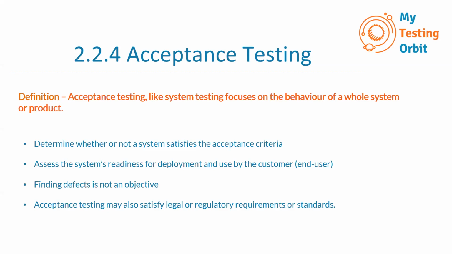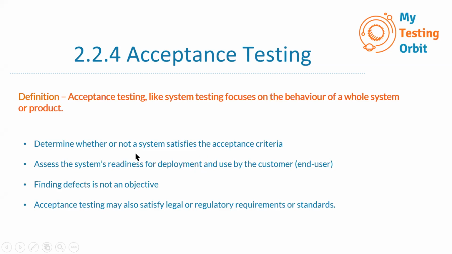The second point is to assess the system's readiness for deployment and use by the customer or end user. By the time we reach acceptance testing in the test levels, we have already gone through component, integration, and system testing, which means system testing is signed off, and hence acceptance testing is triggered.